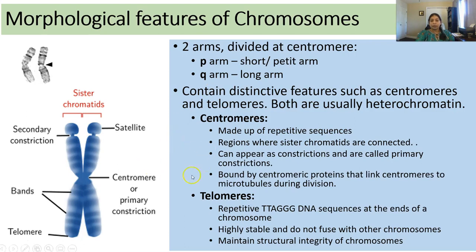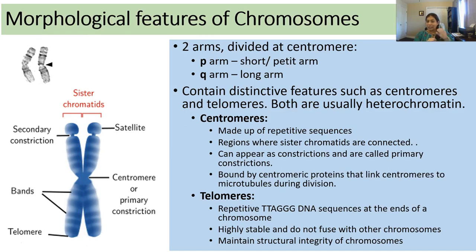One of them is the centromere, which is an area of the chromosome where the two sister chromatids are connected. And the two sister chromatids are basically, when you replicate your DNA, the exact copies of each other. So the region where those two sister chromatids are connected is termed the centromere.